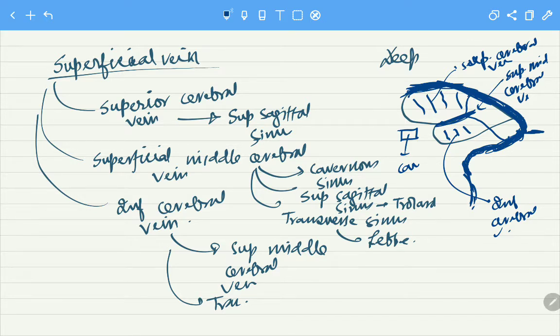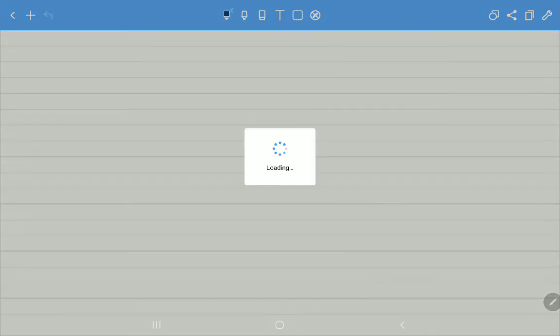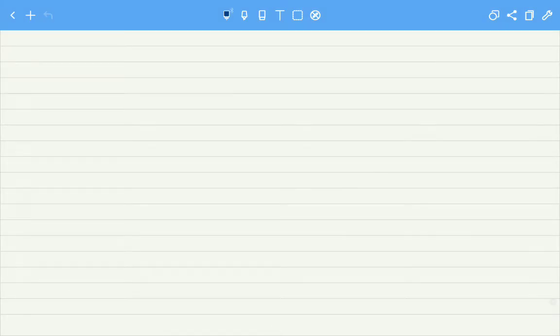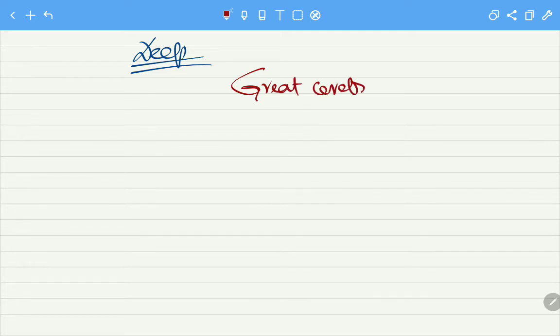And if we go to the deep drainage, as we have discussed, there are two groups of veins which join to form the great cerebral vein of Galen.